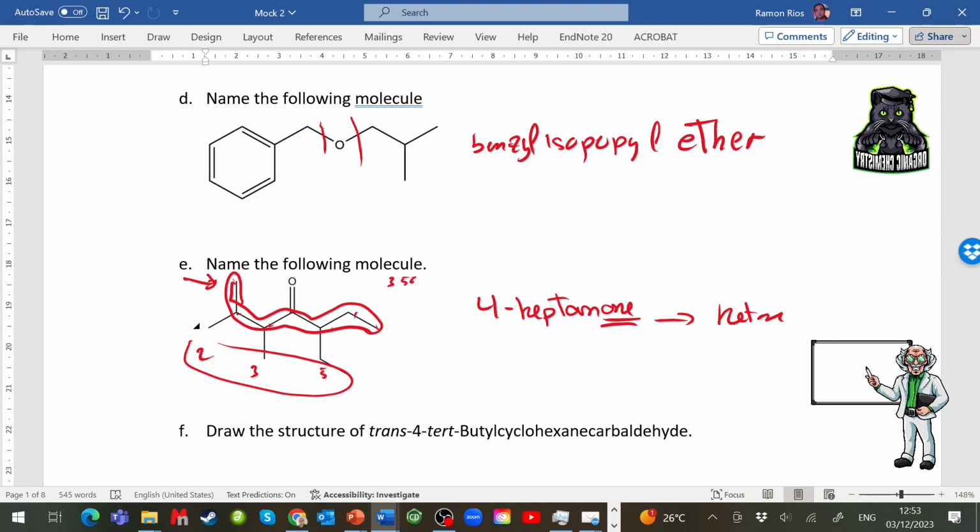Then I put the substituents: 2,3-dimethyl and 5-ethyl. If I put them in alphabetical order, remember, it will be 5-ethyl-2,3-dimethyl-4-heptanone. Okay?